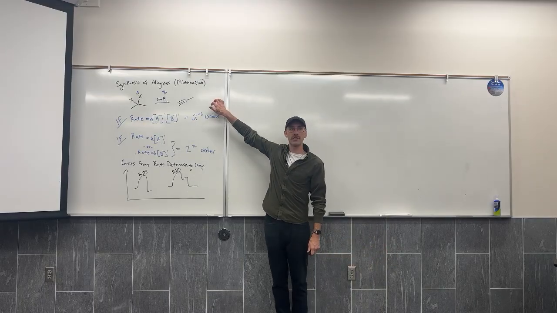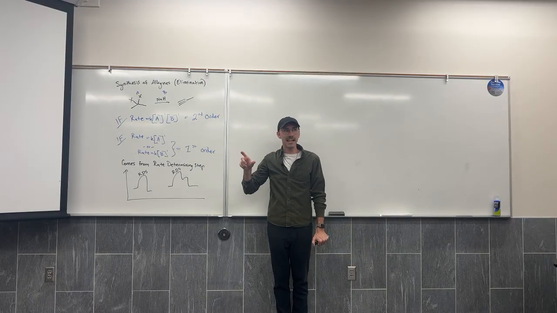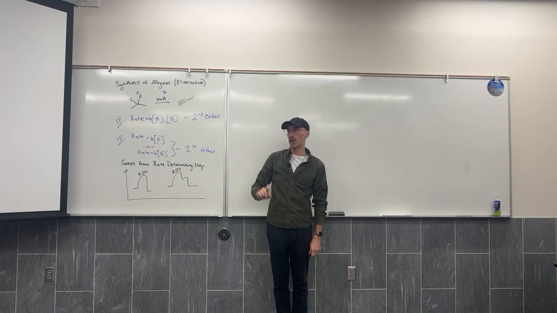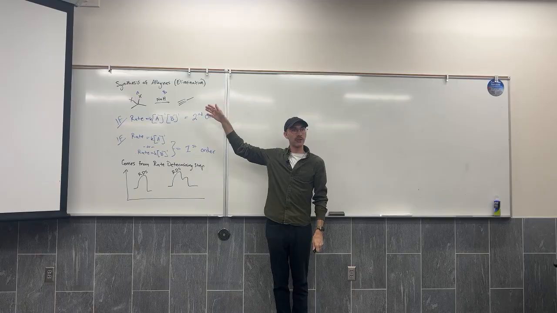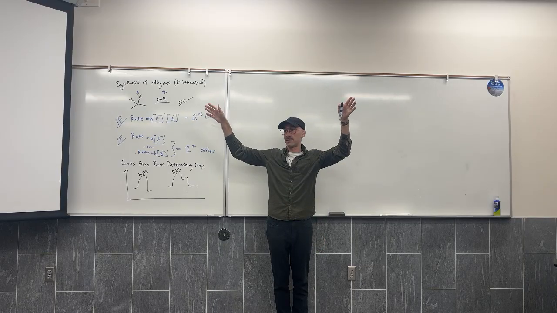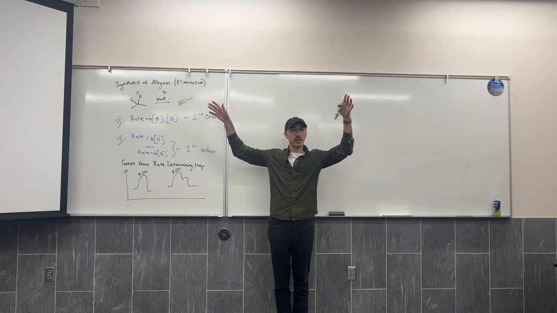When we did the elimination, were there any steps that depended on just one structure? That just one compound undergoes a change? Both of our steps required the alkyl halide and the base. You guys remember the mechanism we showed yesterday?